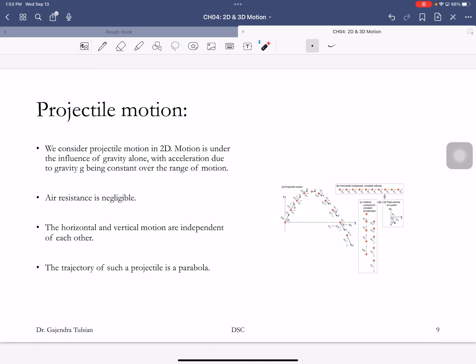All right, so projectile motion, air resistance is negligible. The horizontal and vertical motions are independent. Okay, so we'll draw our axis like that. The trajectory of a projectile is a parabola, and we'll show that to you. Okay.